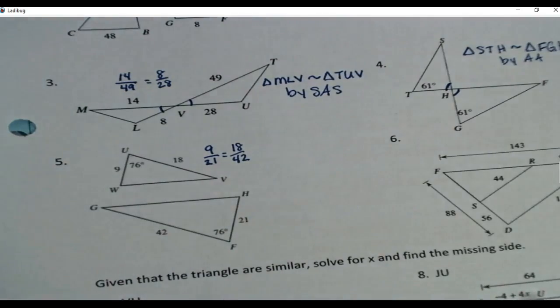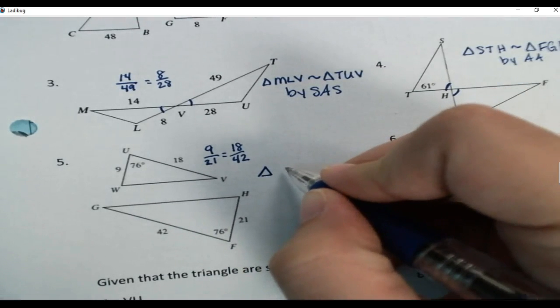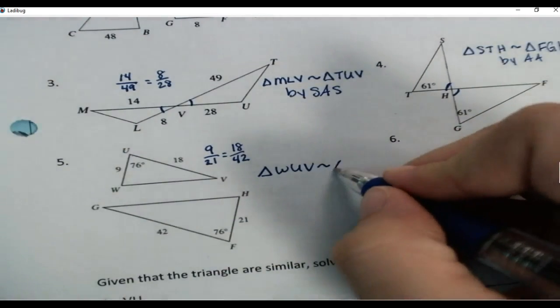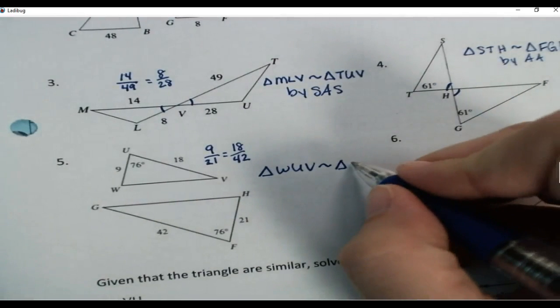So then we can say they are similar. So triangle WUV is similar to HFG.